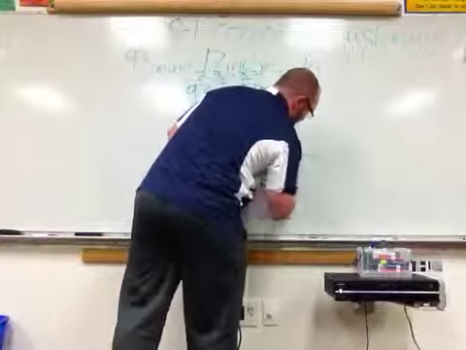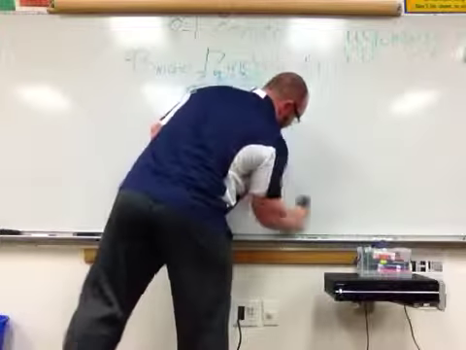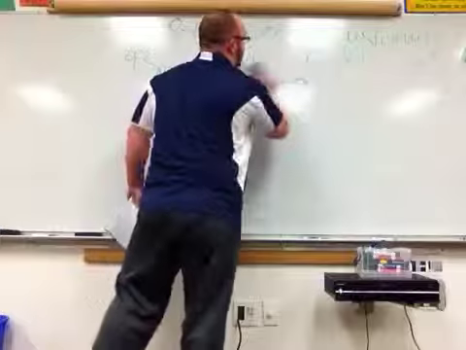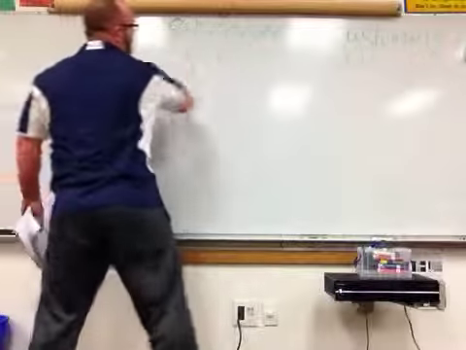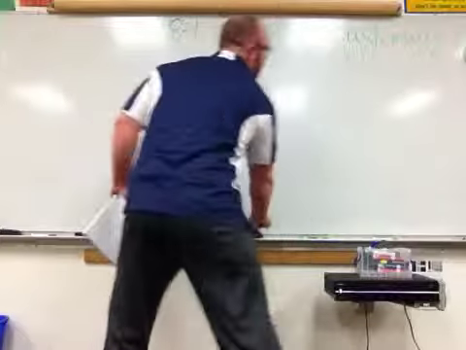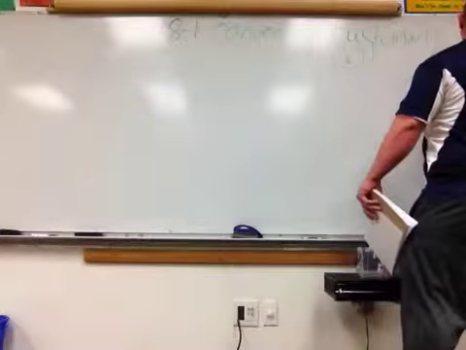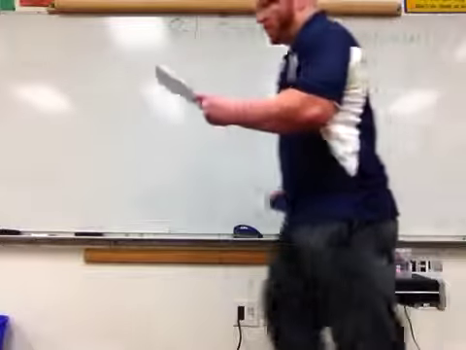Well, the book wants you to do it a different way. And, like I said, every brain works differently, so we'll give it a go. Okay, so here we go.